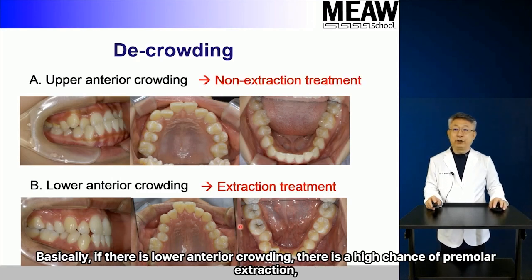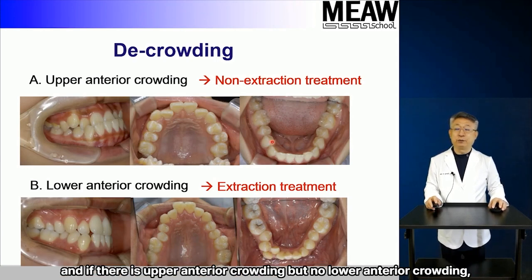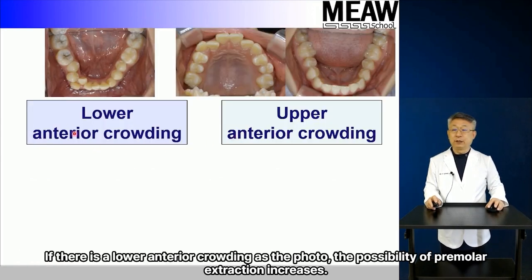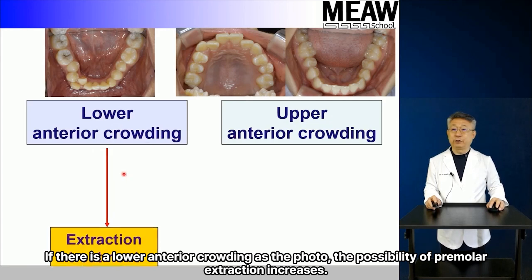Basically, if there is lower anterior crowding, there is a high chance of premolar extraction. And if there is upper anterior crowding, but no lower anterior crowding, it is better to carry out non-extraction treatment. If there is a lower anterior crowding as in the photo, the possibility of premolar extraction increases.